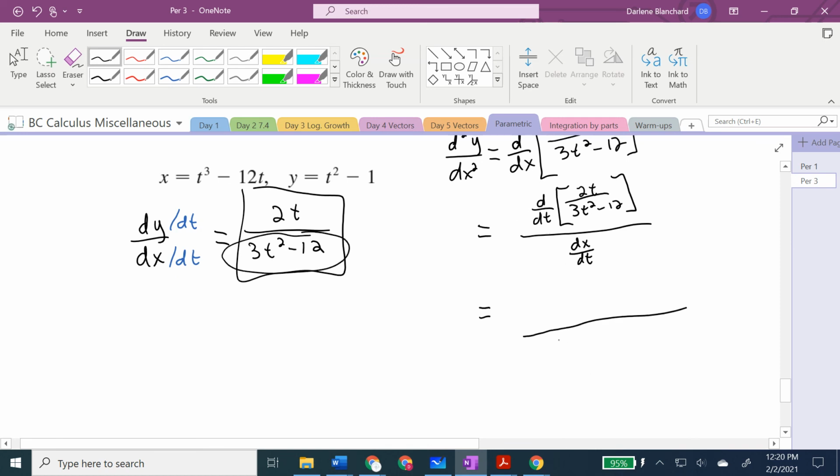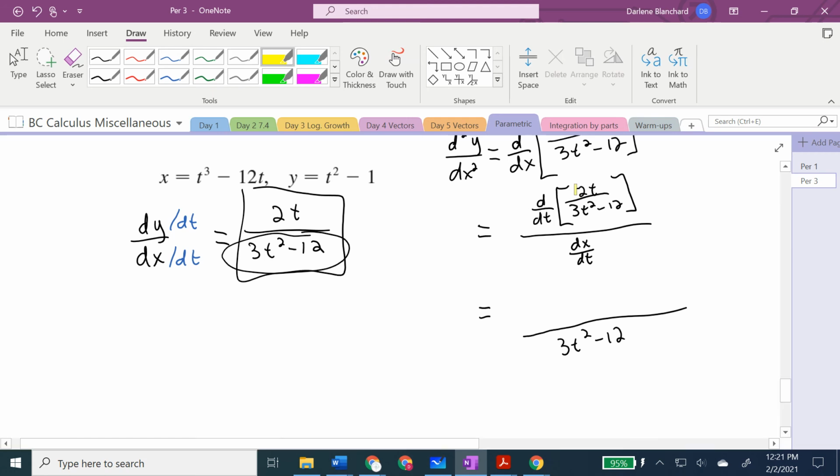Dx dt is 3t squared minus 12. Write that down now, because when you're done with the quotient rule, you might forget that there's a next thing to put in. I'm very good at forgetting there's a next thing to do. So I've learned to keep myself from that by throwing in what I want to not forget as part of the formula first, and then dig in.